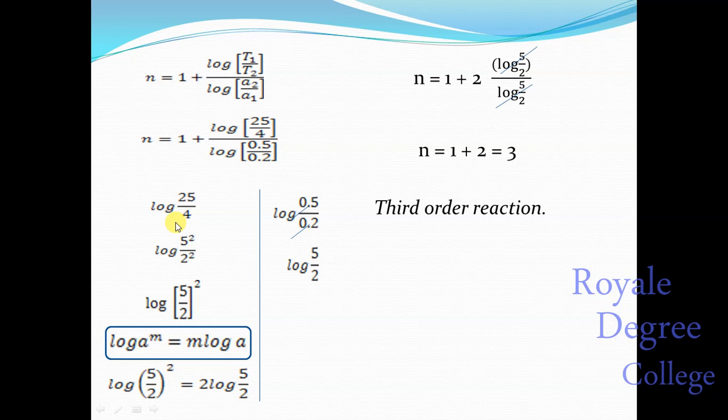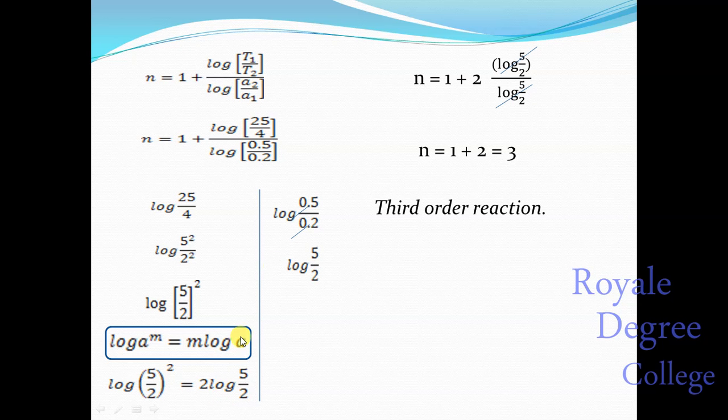Simplifying, 25 is 5 squared, 5 times 5, and 4 is 2 squared, 2 times 2. Both are squares, so we can write log (5/2) whole squared. Then we use the formula log a to the power m equals m log a. That is, we bring 2 before log 5 by 2. So log (5/2) squared equals 2 log (5/2).